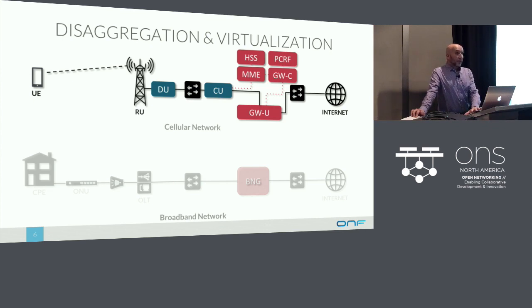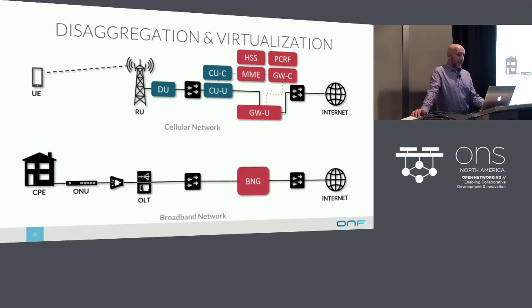If I want to go even further, using ORAN architecture, I can disaggregate the CU as well, so that I have a CUPS equivalent realization of the virtualized RAN. So this is how effectively you would virtualize the radio access network on the cellular network.